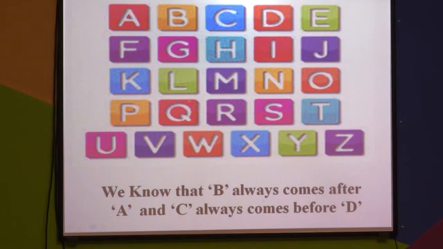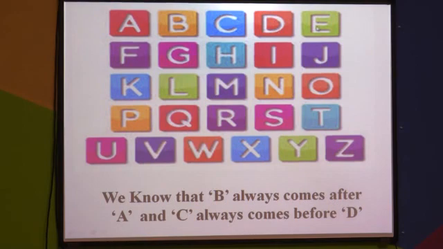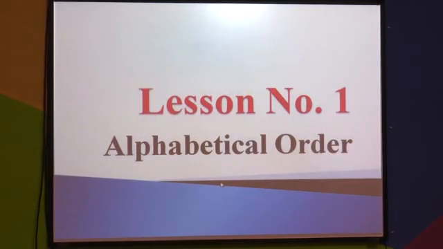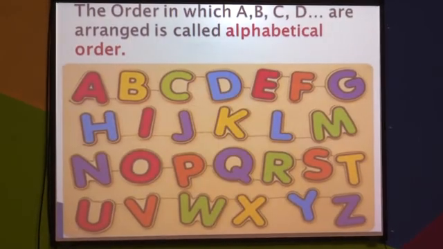Here we have seen that B always comes after A and C always comes before D. Means these letters are arranged in the alphabetical order. So our first chapter we have seen is alphabetical order.